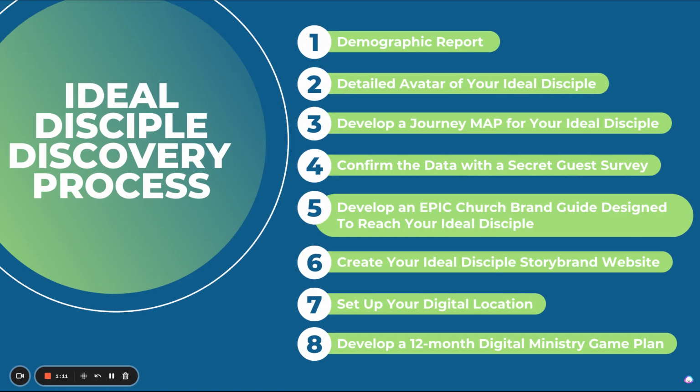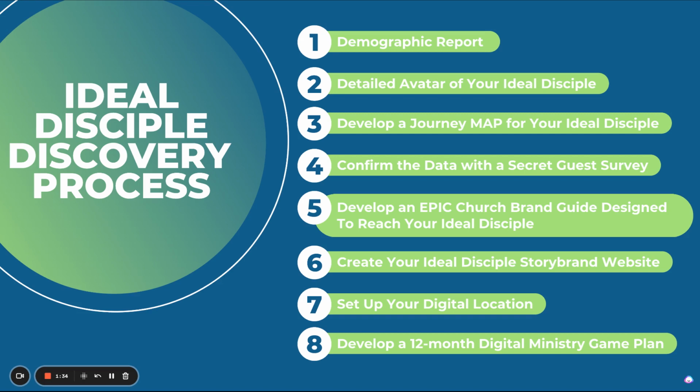So, the ideal disciple discovery process has 8 steps included. Very briefly, it includes a demographic report of your community, and a detailed avatar of your ideal disciple, a journey map for your ideal disciple, confirming the data with a secret guest to visit your church. That's the first phase.